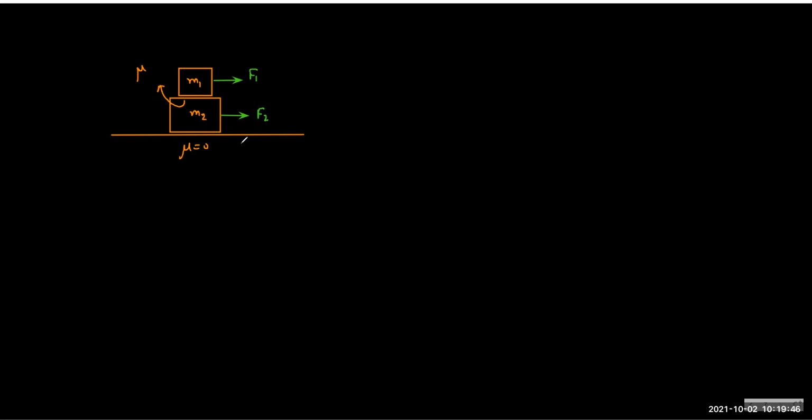So now the question is how friction will develop between them. Will it be right or left? How do we decide? The answer is pretty simple. To decide the direction of friction, what is step one? Step one is to assume there is no friction.